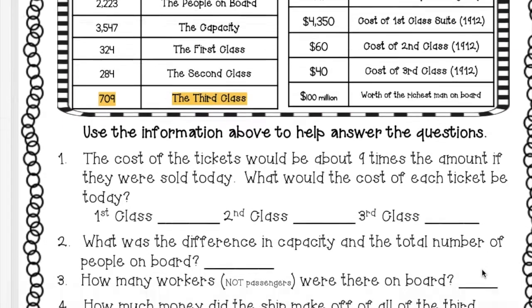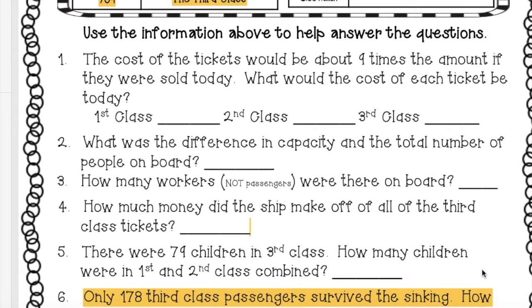We also now know that only 178 survived the disaster. So for this problem, our equation is going to be a subtraction problem. We're going to take the total amount of third class passengers, which was 709, minus 178 passengers that survived. That's going to tell us how many people were lost in the disaster.